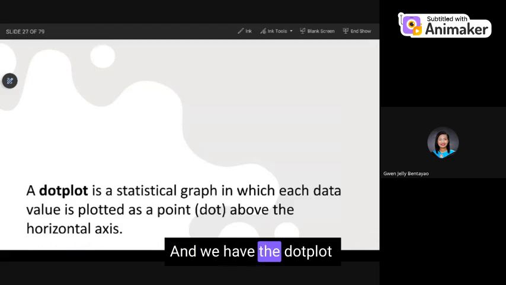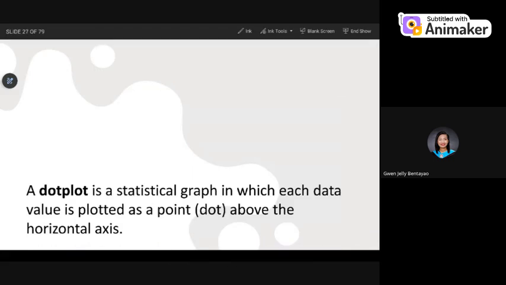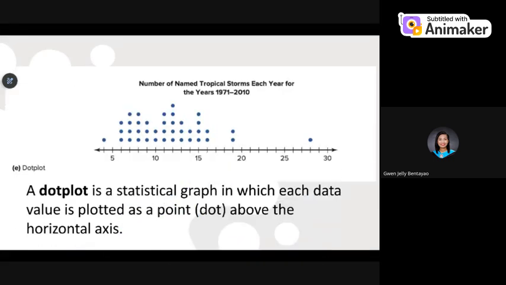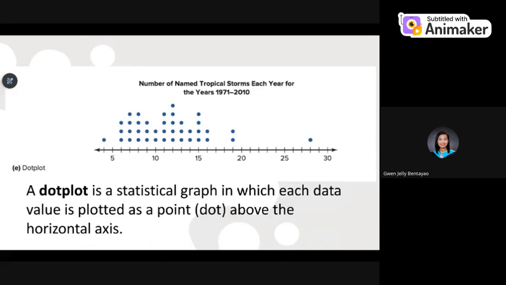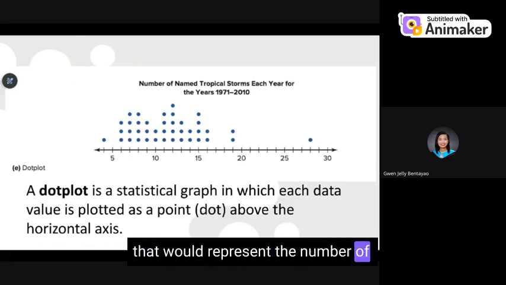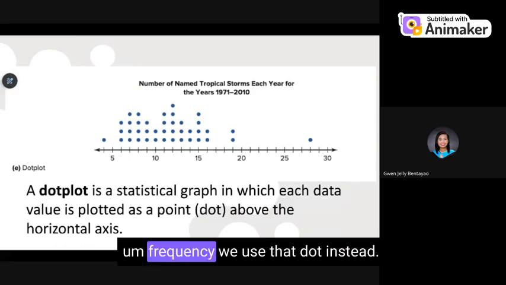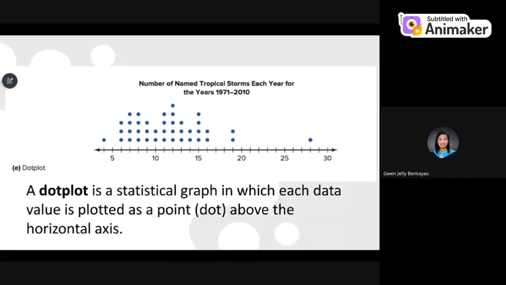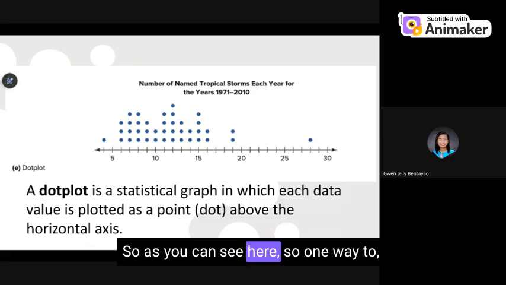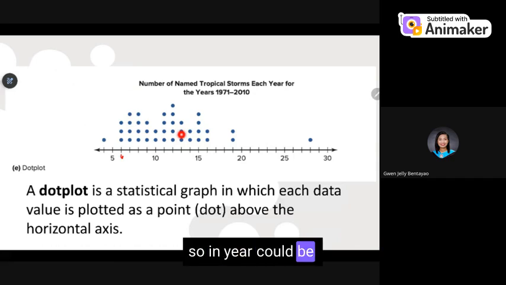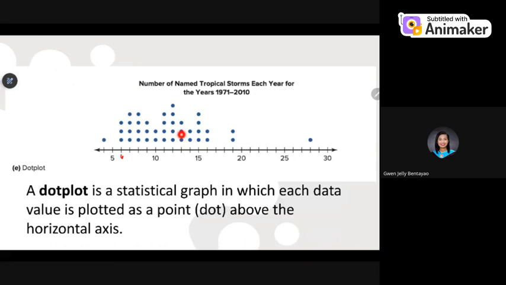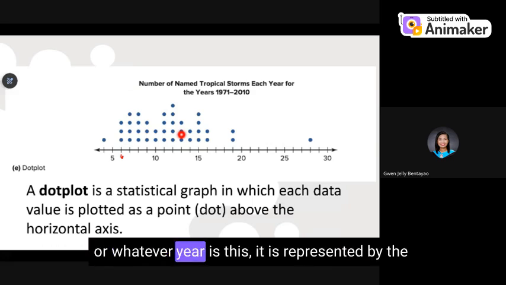And we have the dot plot. Dot plot is used for data where, instead of the bar or the length that would represent the number of frequency, we use a dot instead. As you can see here, the year could be 20 or whatever year this is.